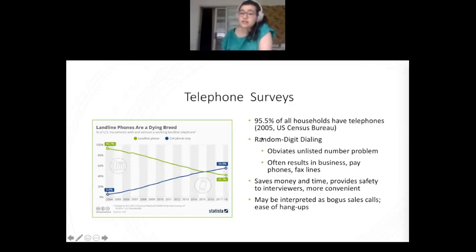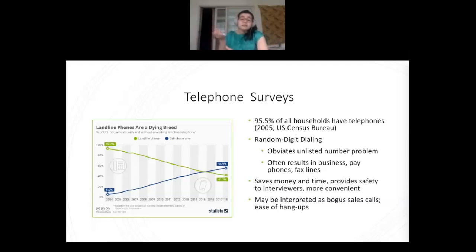So there's this method of random digit dialing, which helps in selecting a sample that is based off of probability, and you can generalize to the larger population. But sometimes you'll get businesses, payphones, fax lines that aren't necessarily people, right? And that messes with the sample.